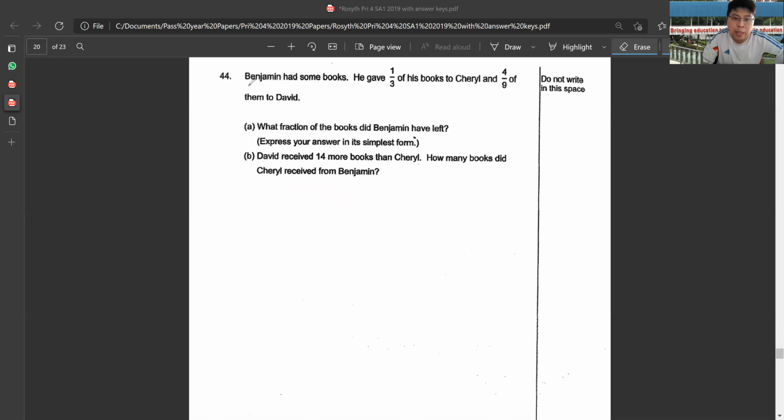Benjamin had some books. He gave 1/3 of his books to Cheryl and 4/9 of them to David. What fraction of the books did Benjamin have left? What must you do?